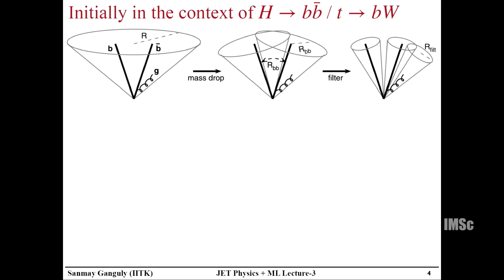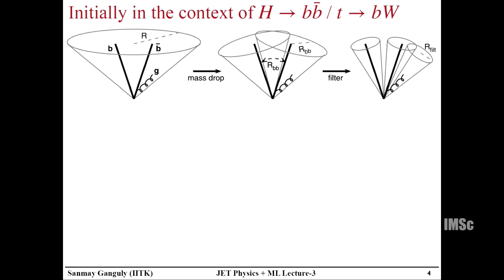So you need to capture a larger catchment area, but also ensure that you throw away wide angle soft radiation, and that gave birth to the idea of large radius jets, colloquially known as fat jets. But these jets are not one jet, they should have a few pieces of inner structure.